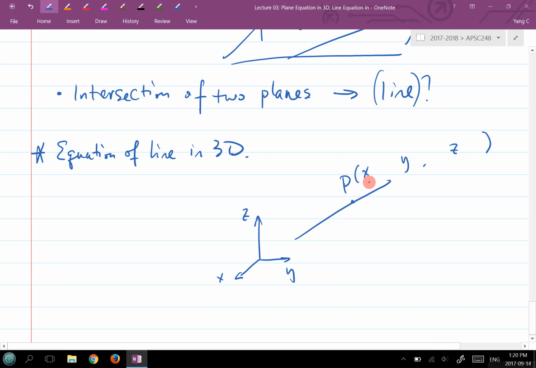Then, which means the coordinates x, y, z will be a function of t. So if I think of P as a moving point, then the coordinates x, y, z can be thought of as depending on a time parameter t, right?